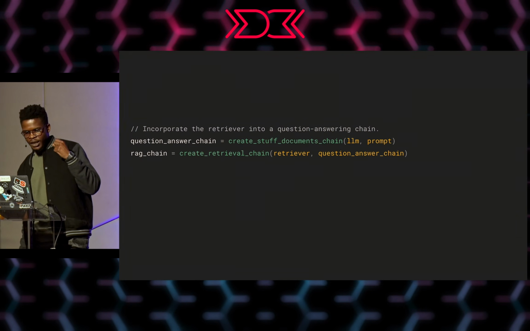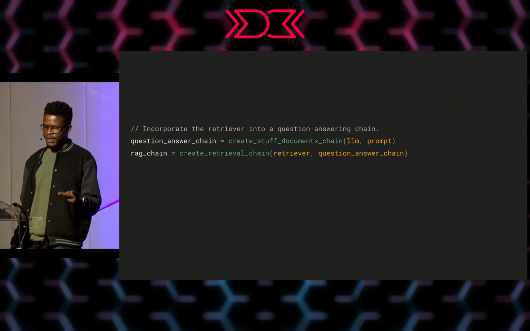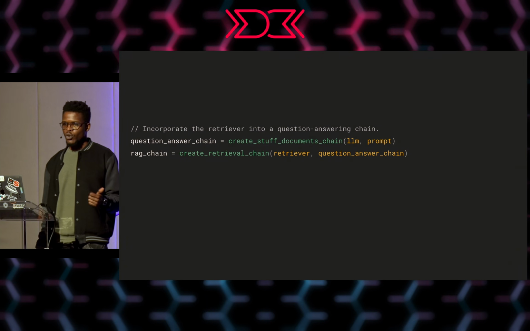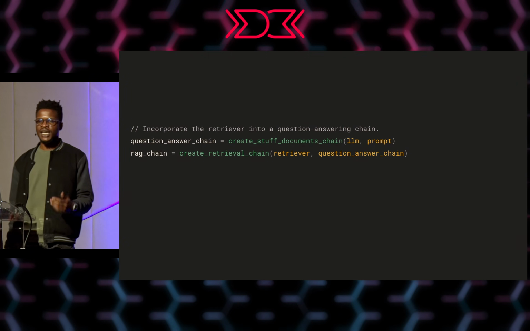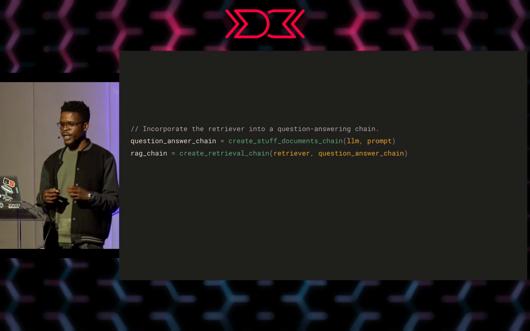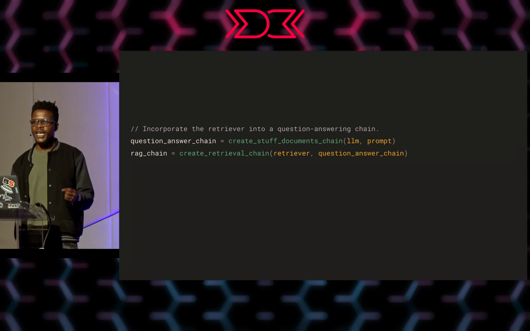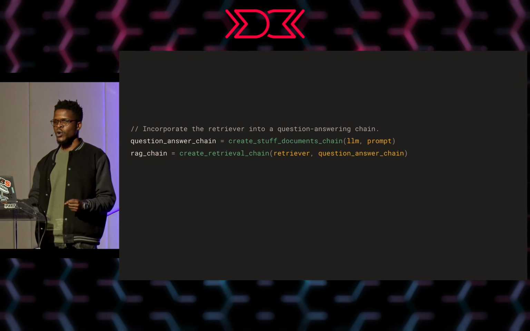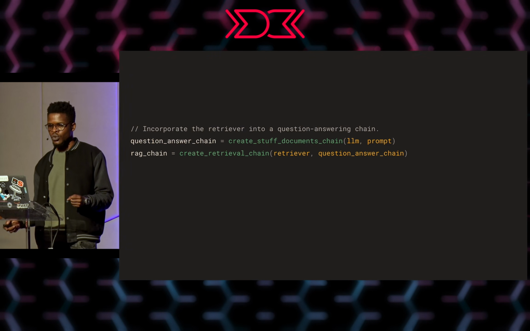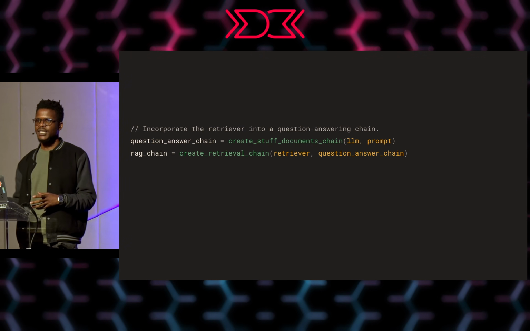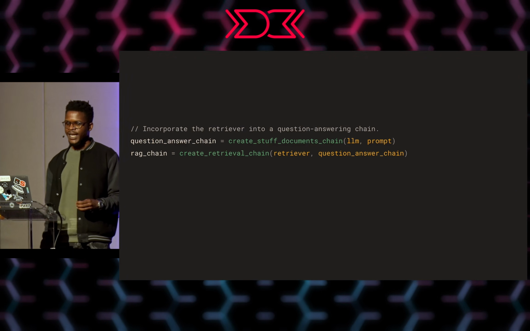So the two most important parts of our RAG systems are our question answering chain and our RAG chain. With our question answering chain, that's where we join the LLM and the prompt so that they know of each other. The LLM knows of the prompt. The prompt is the directions, who it's supposed to serve, what it's supposed to do. That's how we initiate the question answering chain. Then we'll create the RAG chain.